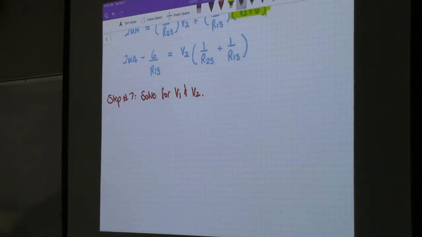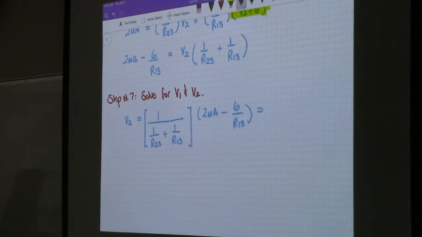And so what we're left with at the end is 1 over R23 plus 1 over R13, times 2 milliamps minus 6 over R13.